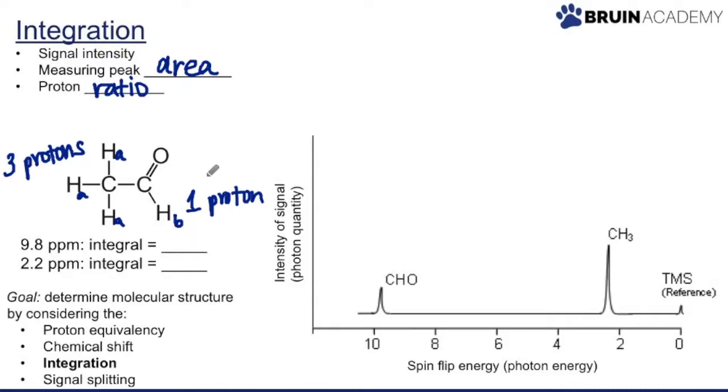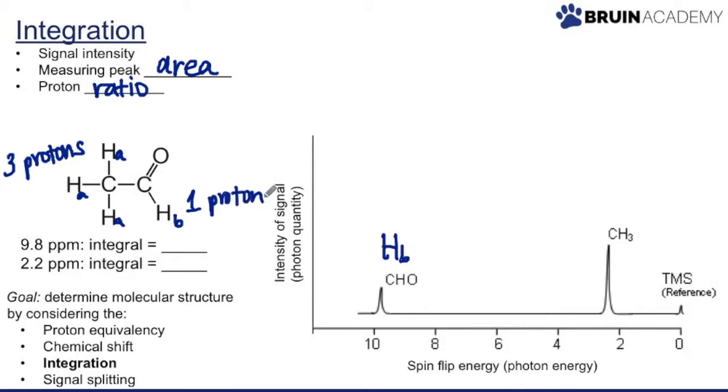Something to keep in mind is that we always want to simplify our ratios to the smallest number value, so we always want to set our lowest value to 1. If we look at the 9.8 ppm signal, this is where the HB, or the aldehyde hydrogen, lies.